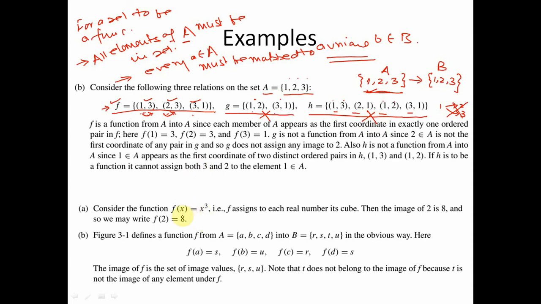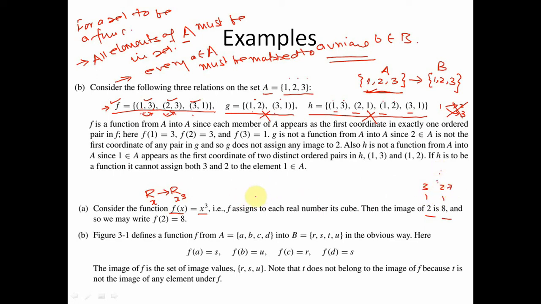Let's see another example. Let's consider the function f(x) is equal to x cube. It assigns to each real number its cube. Now this function has been defined from, let us say, the set of real numbers to the set of real numbers. So the first element is the value, let us say x, and the second element is x cube. As the example says, the image of 2 is 8, the image of 1 is 1, the image of 3 is 27, and so on.